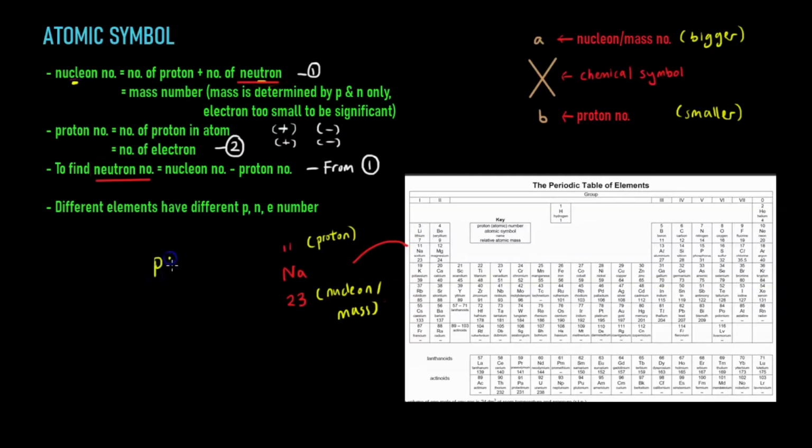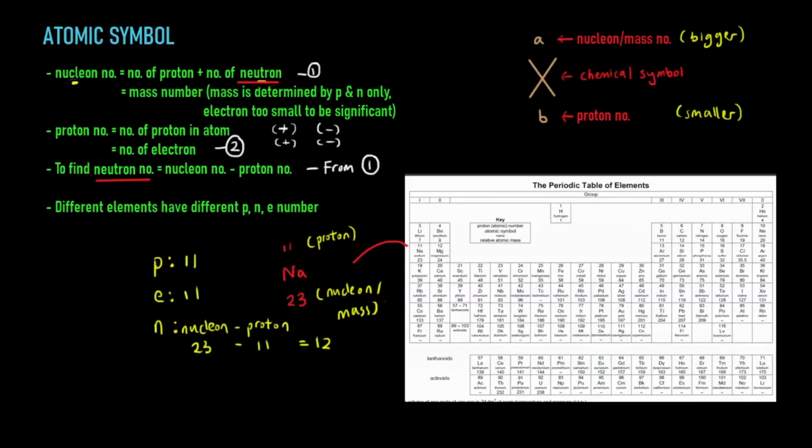We can see that proton number is 11, correct? Electron number has to be the same number as proton, which is also 11. So neutron number, which is nucleon minus proton, will give me 23 minus 11, which gives me 12.